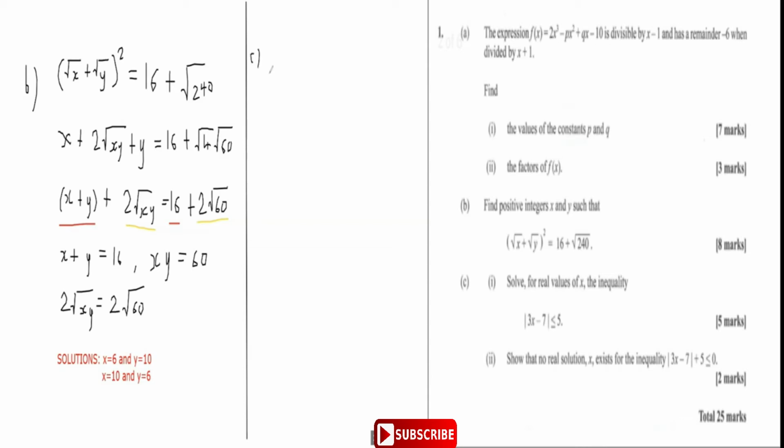solve for real values of x the inequality, where they give us the modulus of 3x minus 7 is less than or equal to 5.